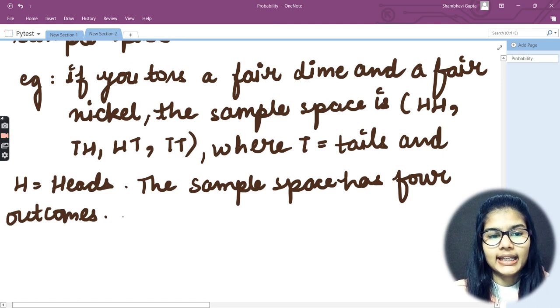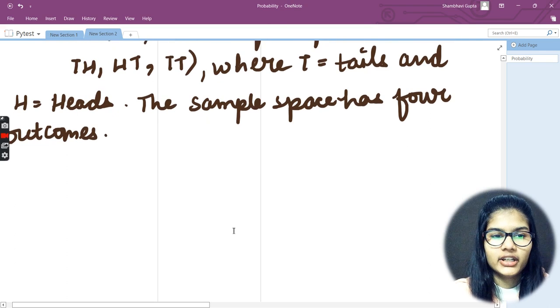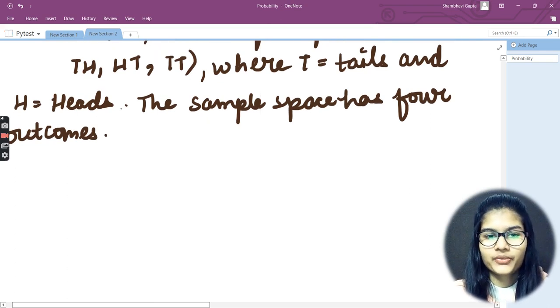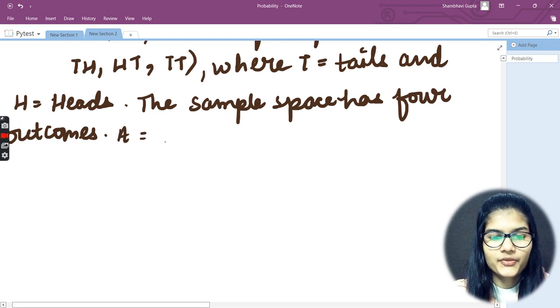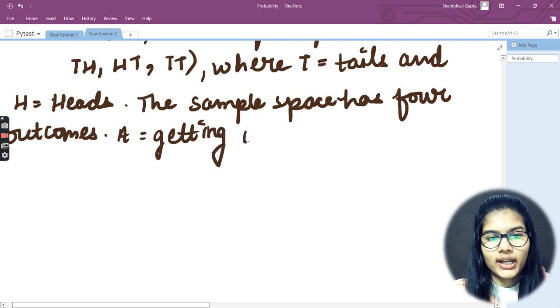So what will be my A? We just took above that if we toss a fair dime and a fair nickel, the sample space is HH, HT, TH, TT, where T refers to tails and H refers to heads, with four outcomes in total. A is getting one head.